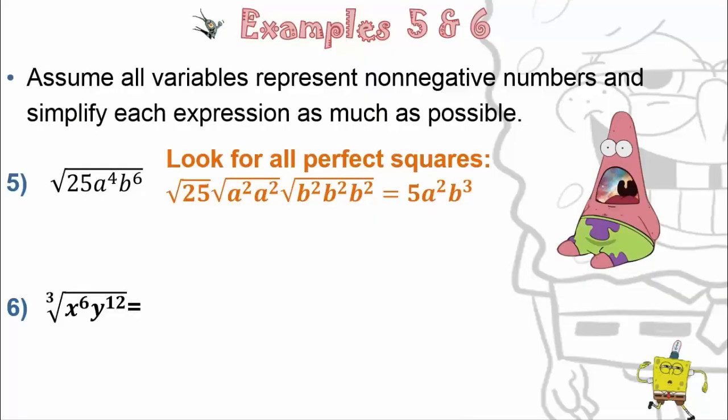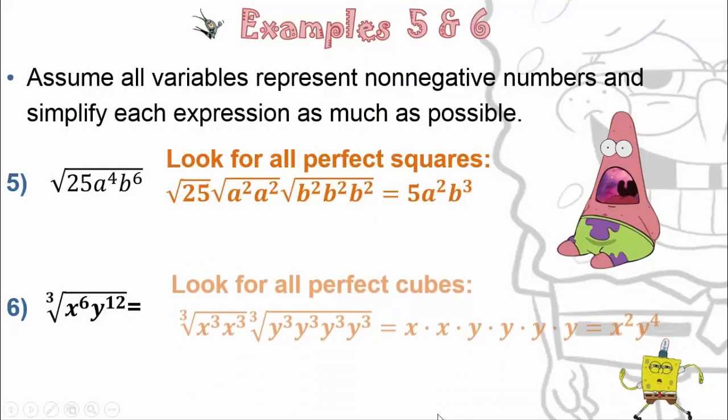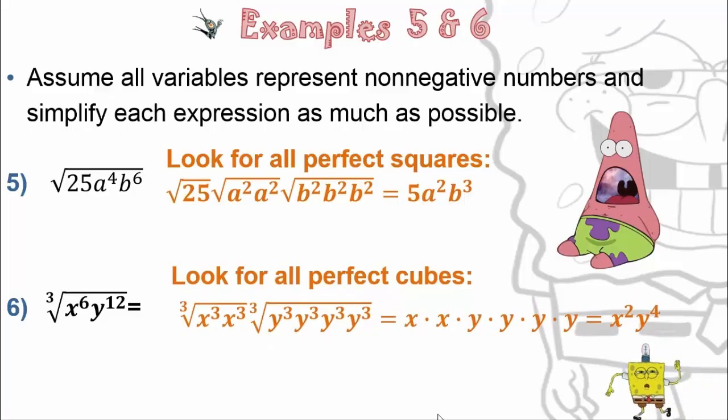Let us review what we just did on the whiteboard. We looked for all the perfect cubes. So that means we put underneath the cube sign x cubed to represent x to the 6th, because if we add 3 plus 3, we get 6. And then underneath the next cube sign, we put the y cubes.